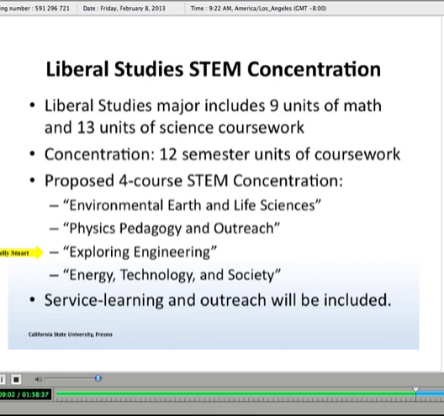And you've seen Fred making some comments here today. And the last one, engineering, technology, and society. And we're hoping to incorporate elements of service learning and outreach in these courses when possible.